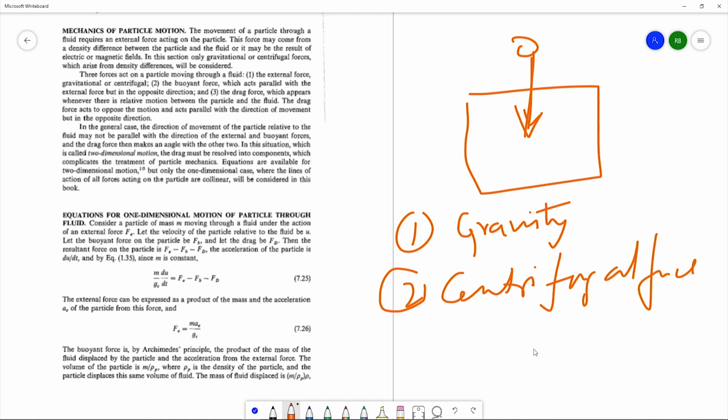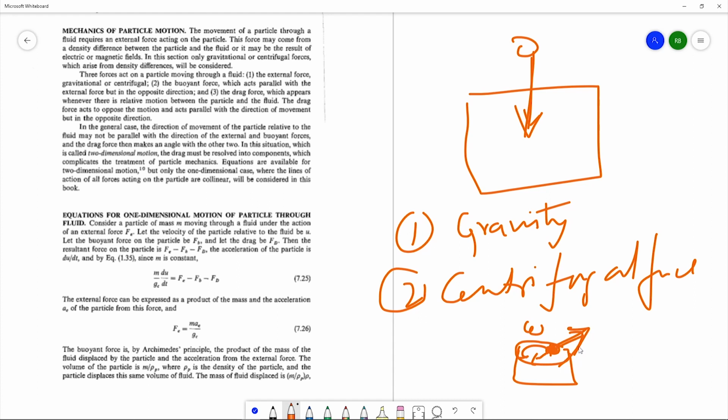In a centrifuge the particles are rotated, so if the particle is rotated, it will try to move outwards because of the centrifugal force. The particle will try to move away from the center if it is rotating with, let's say, some angular velocity.